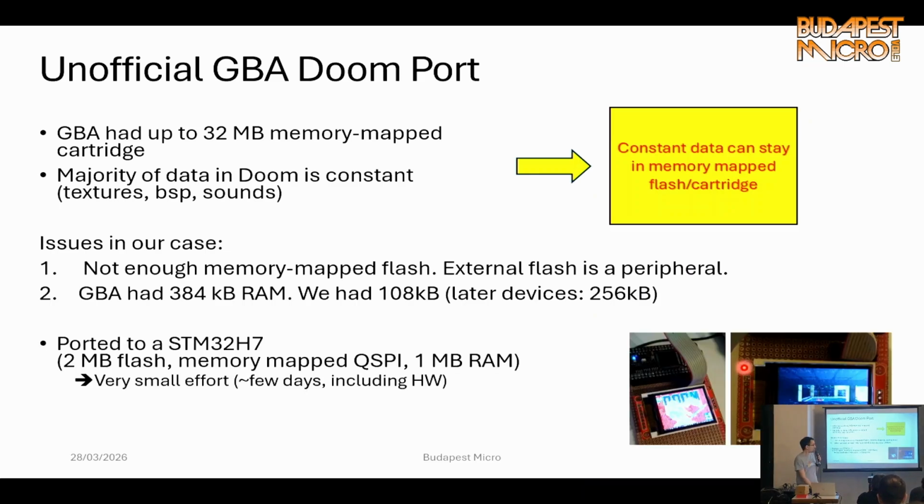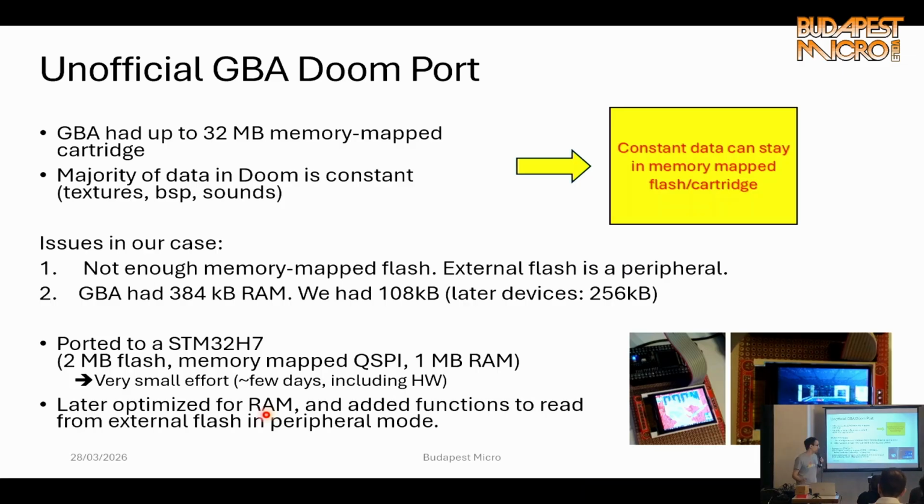And first, I have ported Doom to a much bigger device. It had an STM32H7, which is a very powerful microcontroller, which had a lot of flash, a memory mapped QSPI, and 1 megabyte of RAM. And it was a very small effort, very few days, including creating the hardware to port Doom onto this system.